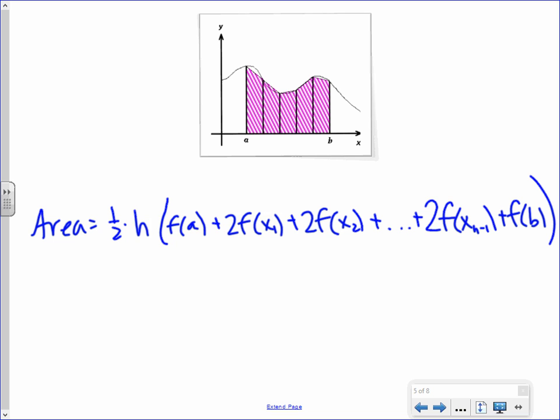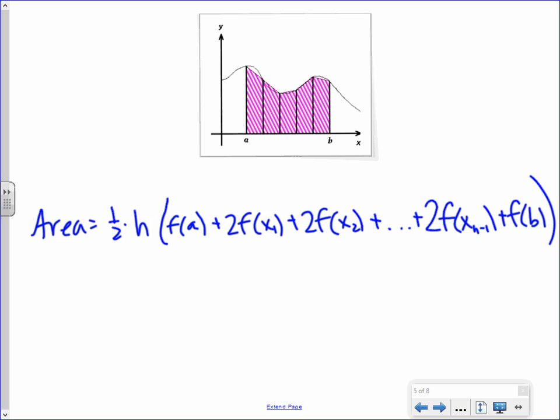Okay, so this is pretty general, right? I don't know how many trapezoids you're gonna sum together. It may be 3, it may be 15, it may be 25. Hopefully it's not 25, but you know, it could be. Whatever the case may be, your height is going to come from delta x.